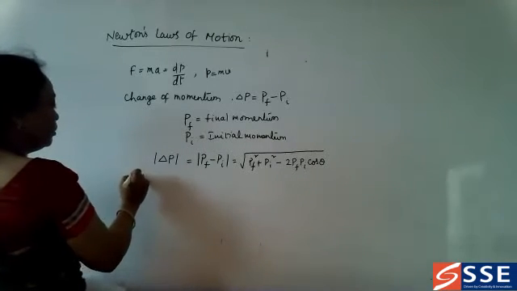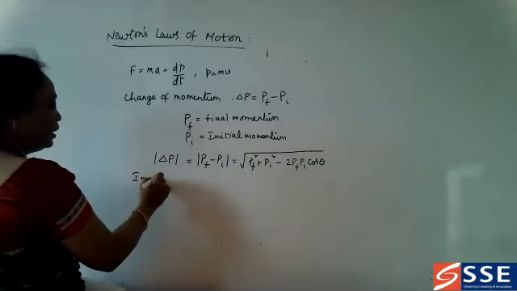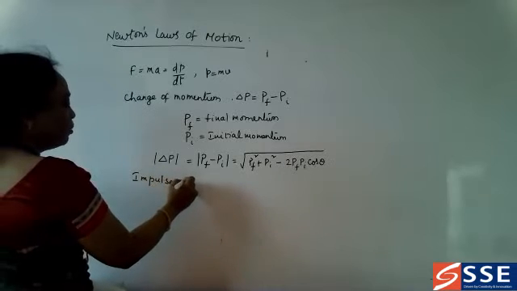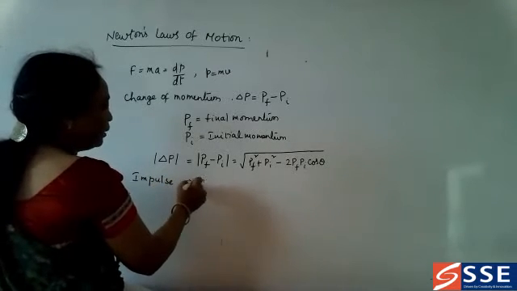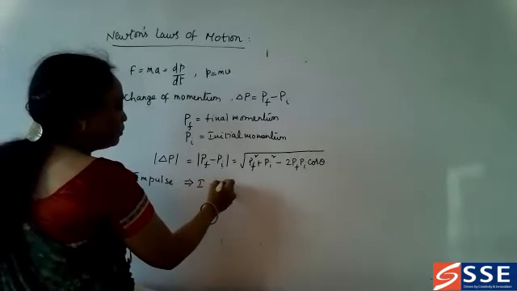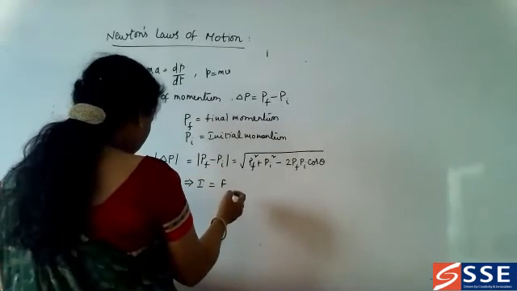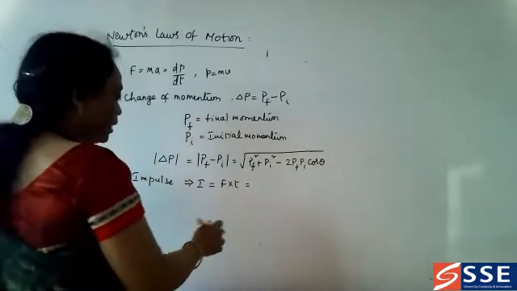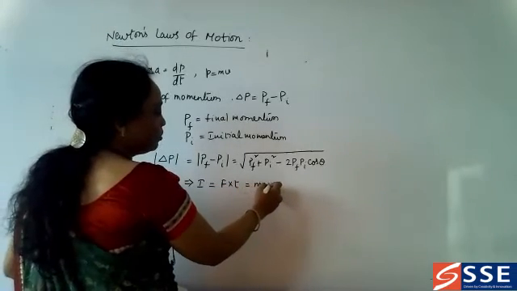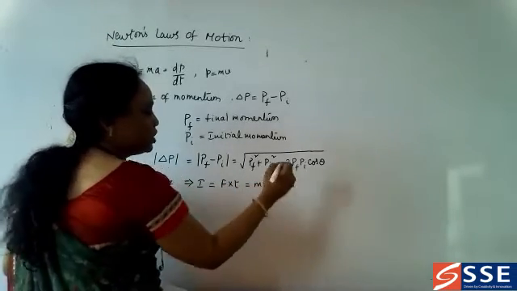And what is the next formula? We can take this as impulse. What is the formula for impulse? It is denoted by I, which is nothing but force into time, and you can also take this as mass into velocity, or mass into initial velocity.